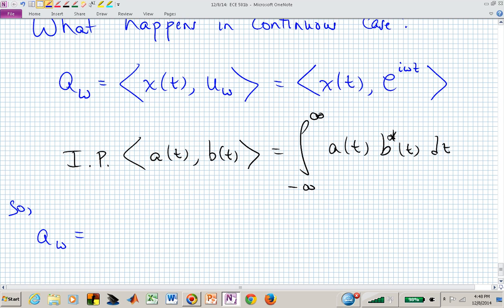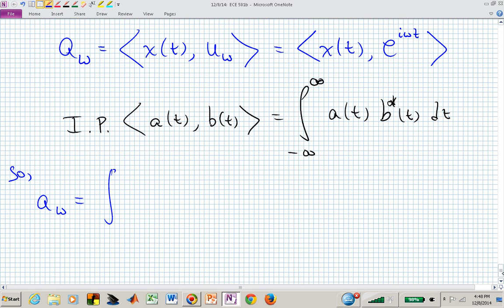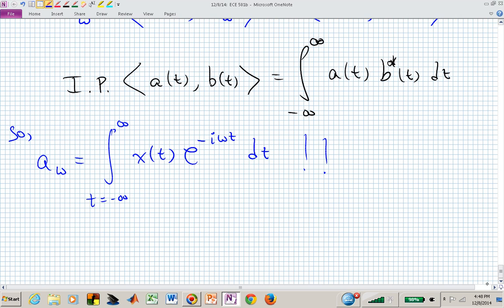Now a sub w is this integral, from t equal minus infinity to infinity, of x of t times e to the, and now the complex conjugate of e to the i omega t is just minus i omega t, dt. And we've seen that before.